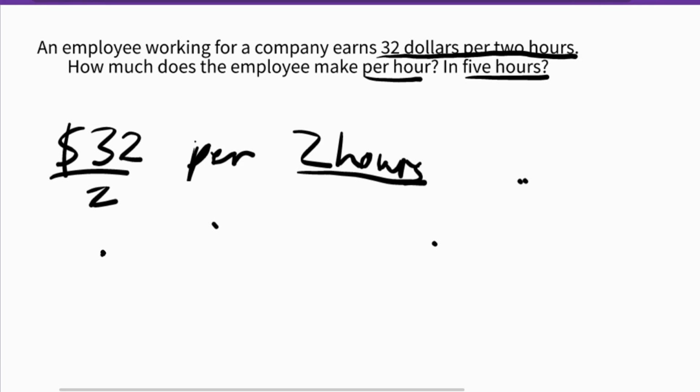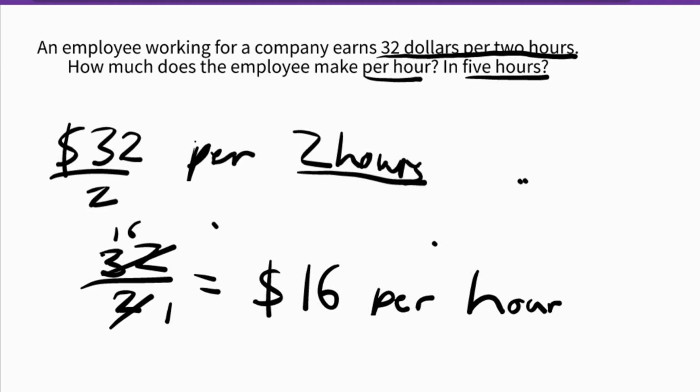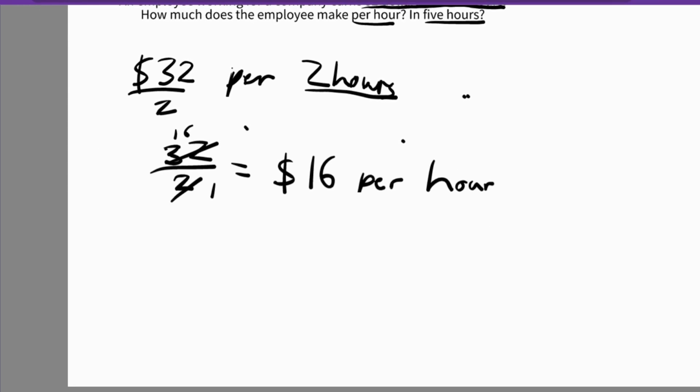So 32 divided by 2 becomes 16. So we know that the employee makes $16 per hour. And because we know the employee makes $16 per hour, we can assume that in 5 hours it's going to be 5 times 16.